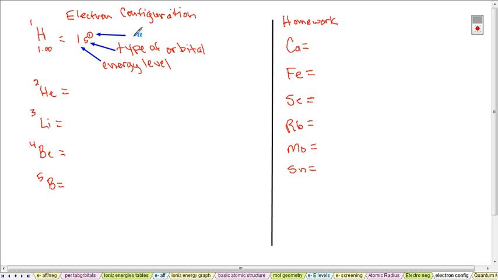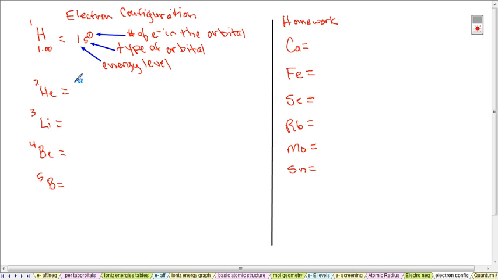And this last one tells you the number of electrons in that orbital. Alright, so we can now start to quickly fly through and look at a whole bunch of different elements.